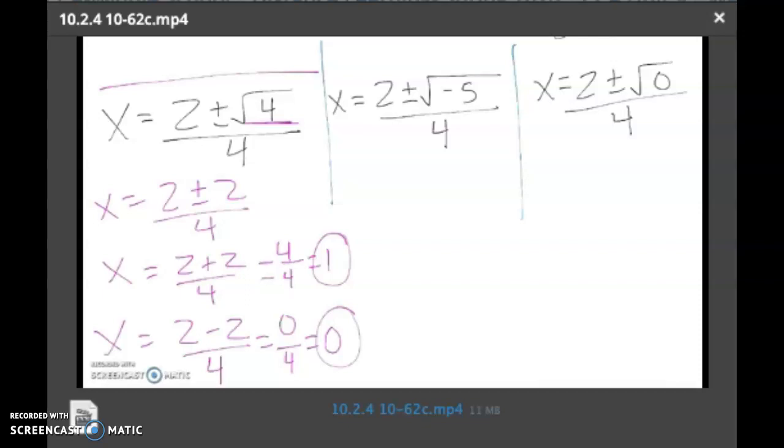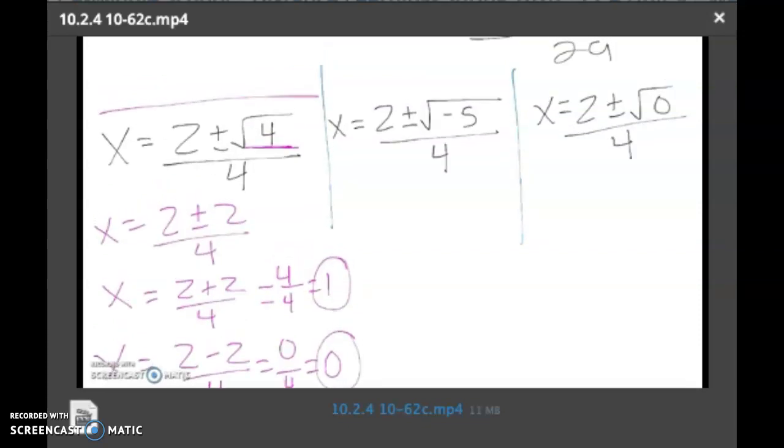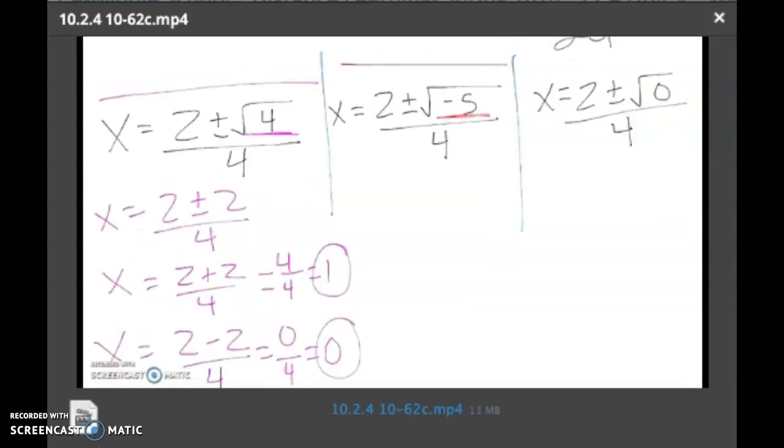Okay, so when we look at our next example here, I went through and put my numbers into my quadratic formula, and I get this as my answer, so 2 plus or minus the square root of negative 5, all divided by 4. I should be able to see that I have 0 solutions because I cannot take the square root of a negative number. Okay, so here I would have no real solutions.